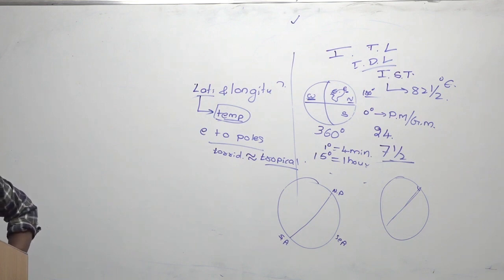Okay, this is the meaning of bisect. So if we are bisecting means we are dividing the circle into 2 equal halves.